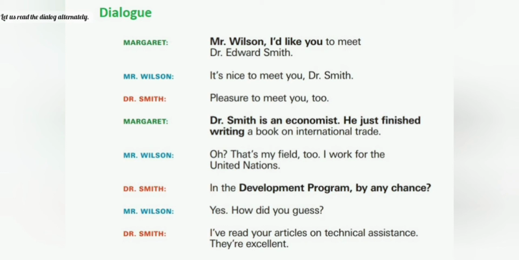Now, let us exchange our lines. It's nice to meet you, Dr. Smith. Dr. Smith is an economist. He just finished writing a book on international trade.